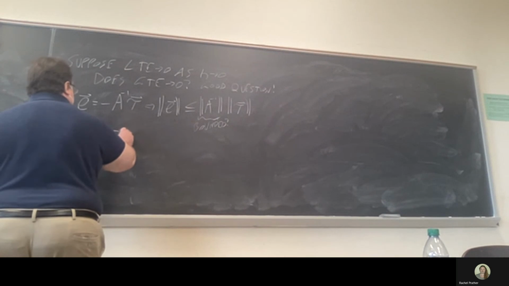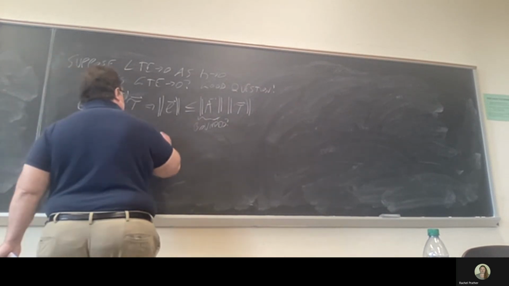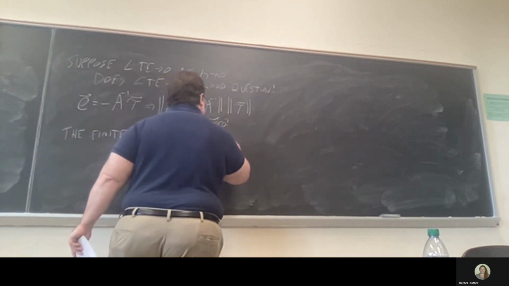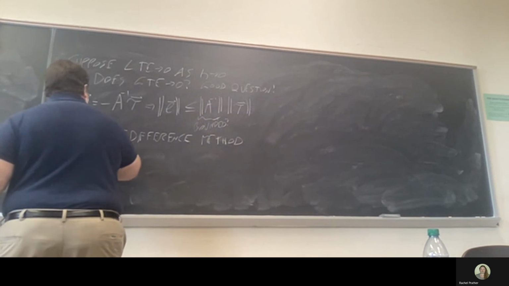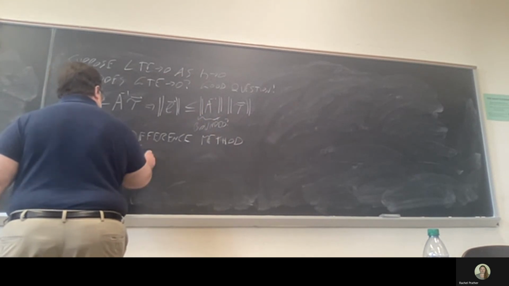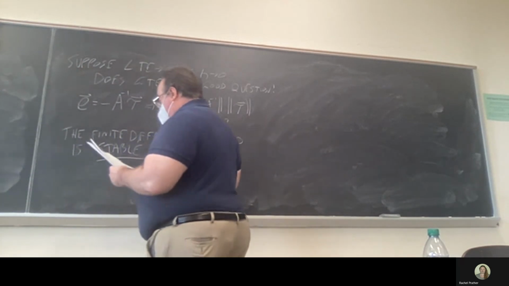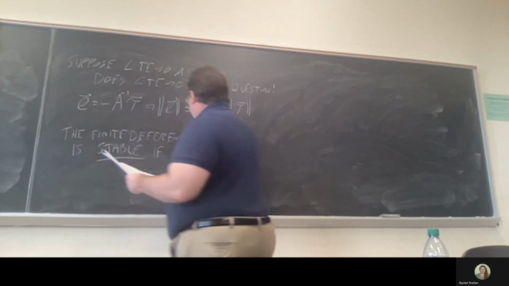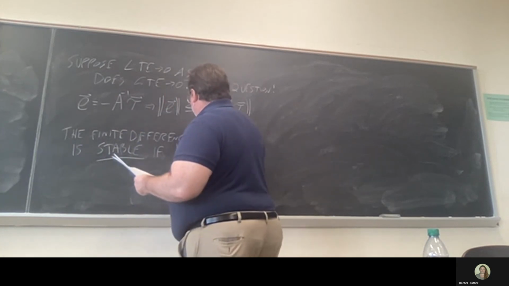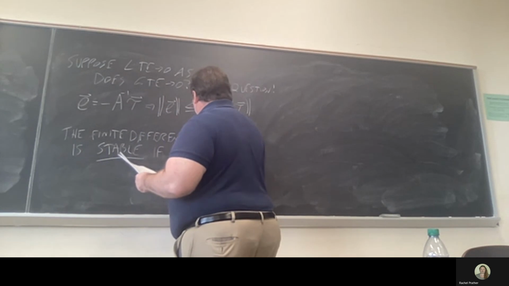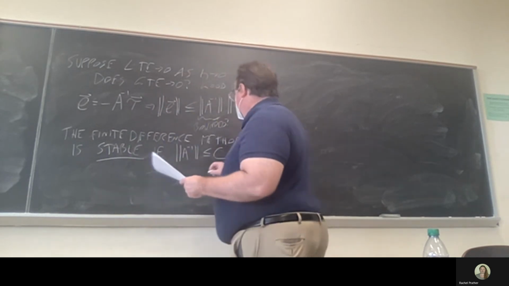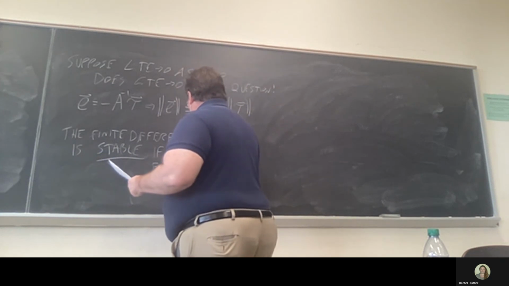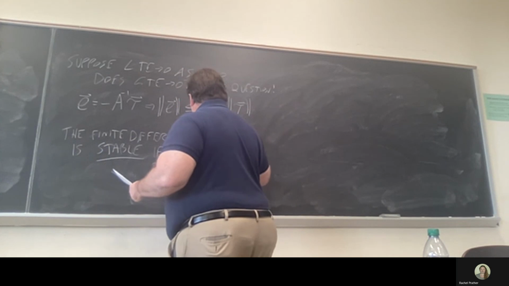So our finite difference method for this problem is said to be stable if the norm of A inverse is less than or equal to some constant C for spacing h that's sufficiently small.